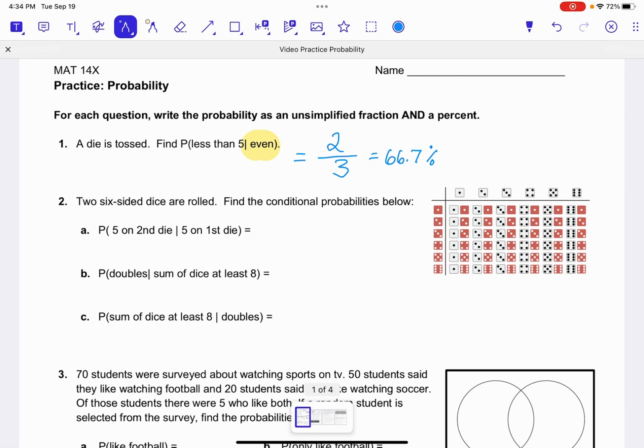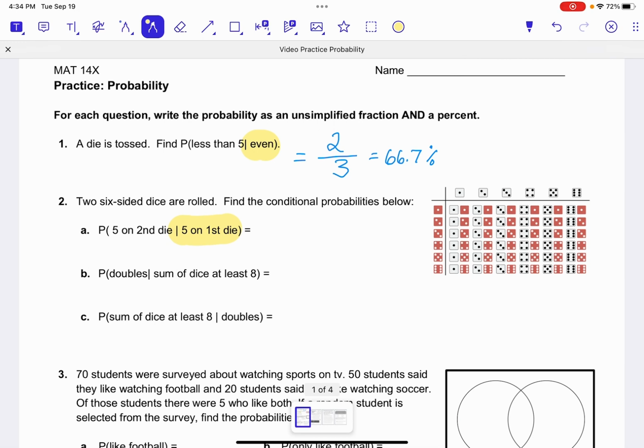So we're focused on our conditional probability here. All of these are given certain settings. I'm going to start by highlighting so we can focus on this limitation. Here we want a 5 on the second die, given you rolled a 5 on the first die. I'm going to imagine die number 1 is the white die.